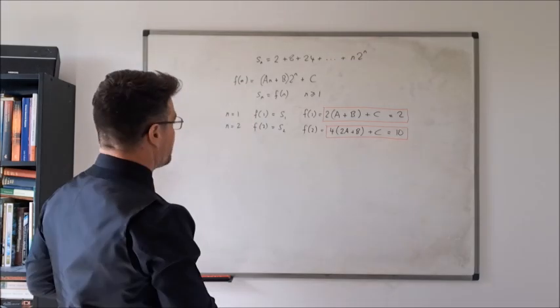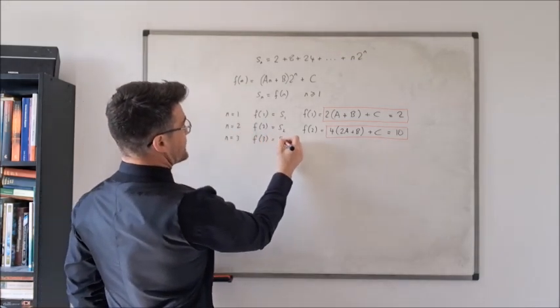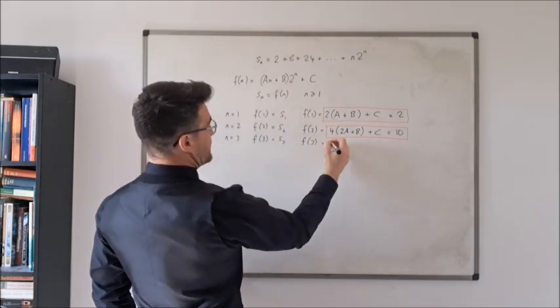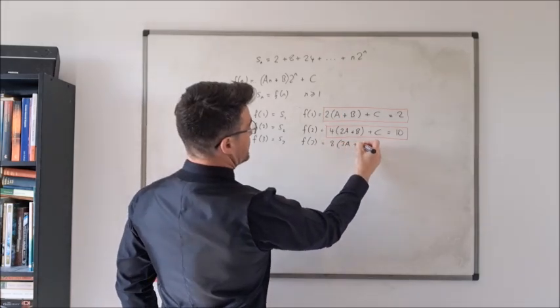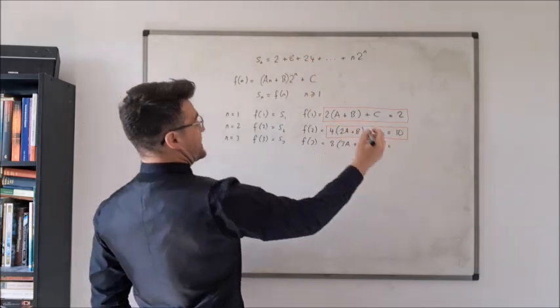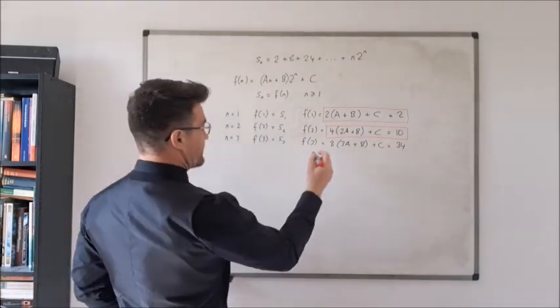And then finally, when n equals 3, F(3) is equal to S_3. F(3) is 2 to the power of 3, 8, times 3a + b + c, equals 2 + 8 + 24, which is 34. And that gives us our 3 equations.